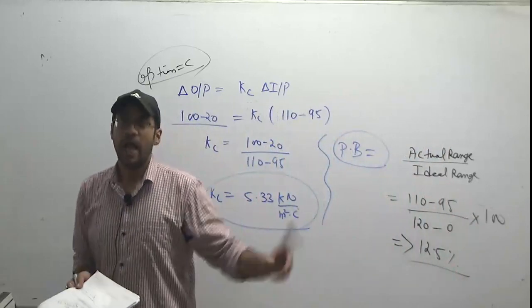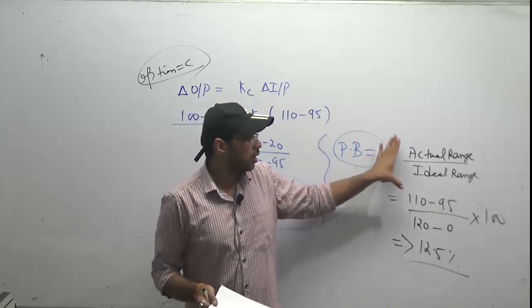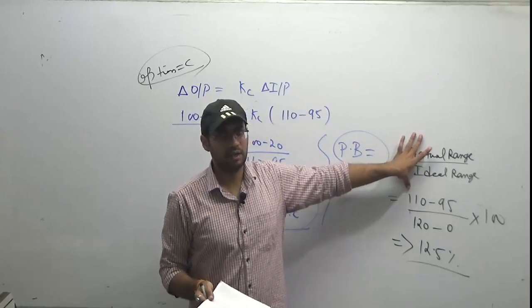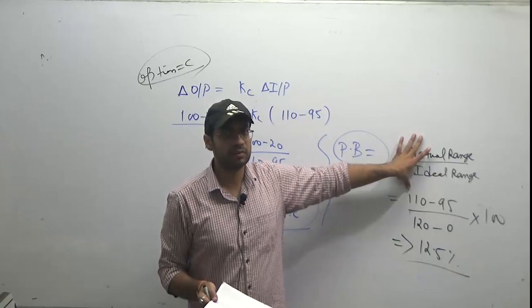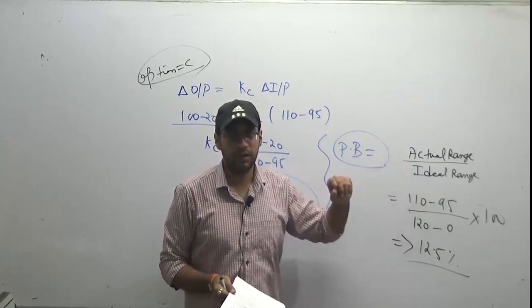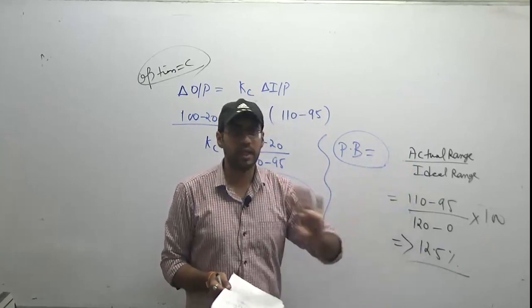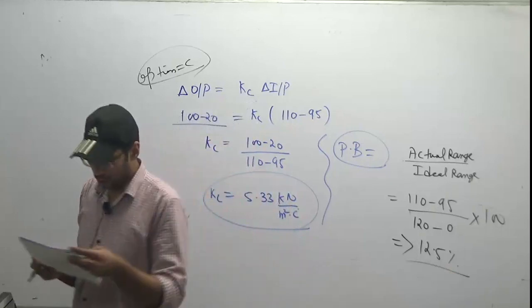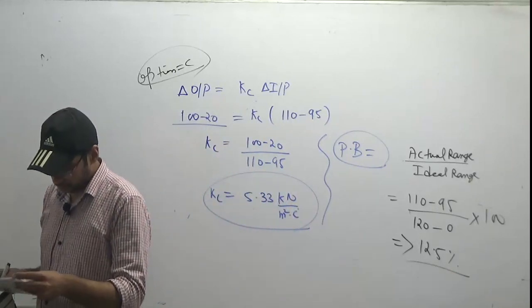Simple. And see, there is a question, I think in 2007 and 2008, right? They have a question where they ask you the proportional band. If you know these things, you can easily get the answer. Correct? Okay. Coming to the next one.